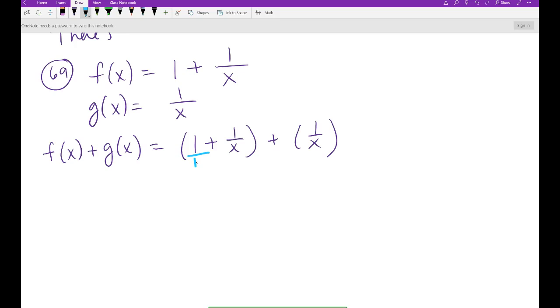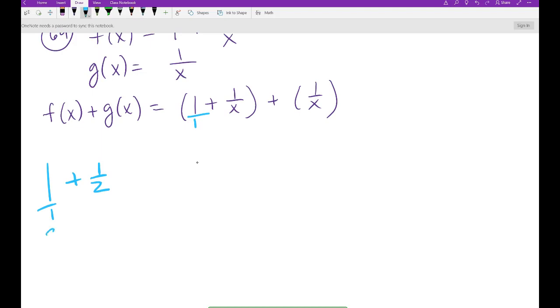What is the common denominator? Okay, let's do this. 1 plus 1 over 2. What do you do? Change the 1 to be 2 over 2. Yeah, how do you know? What's a common denominator? 2. It's 2, right? Because this has a 2.